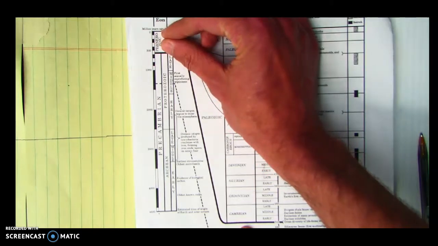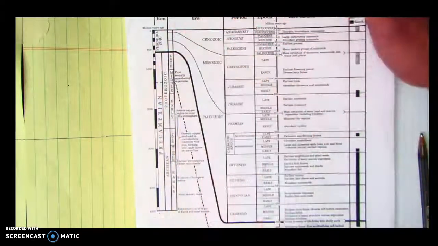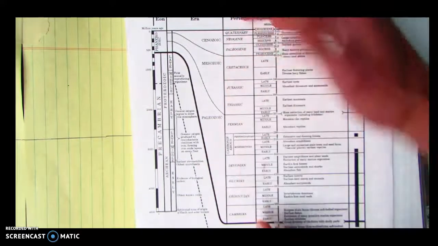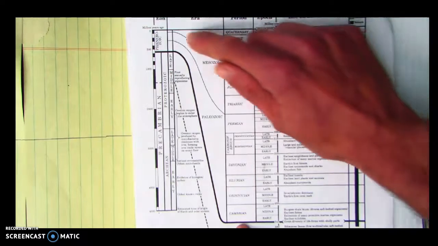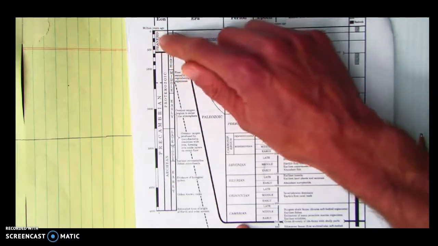Because we have a lot of knowledge about the Phanerozoic, this is an expanded view of the Phanerozoic down here. So everything that you see in this part, going from the Cambrian to the Quaternary or present day, fits right up into this Phanerozoic Eon over here.